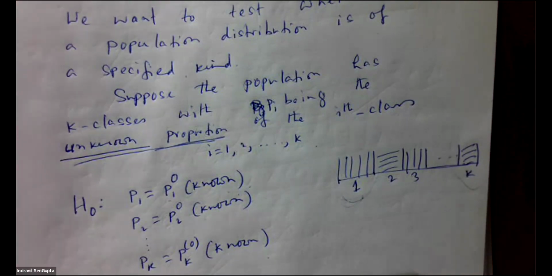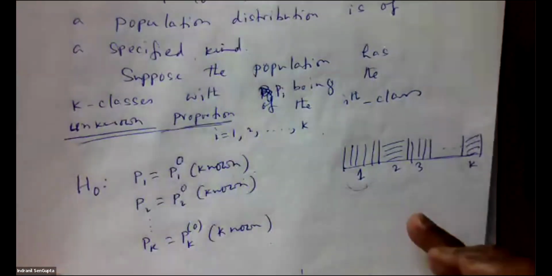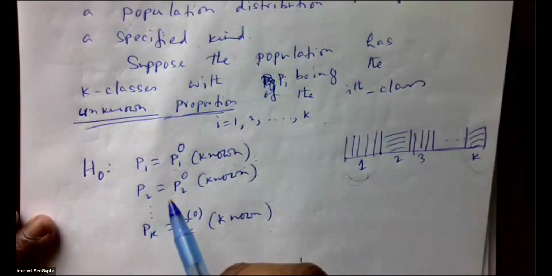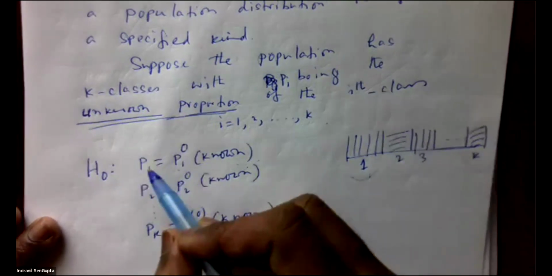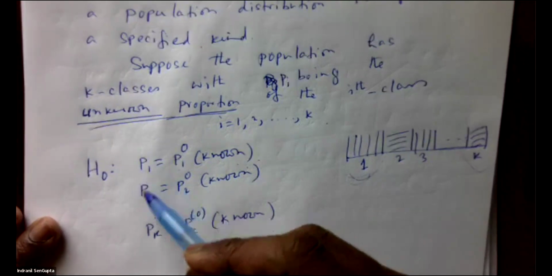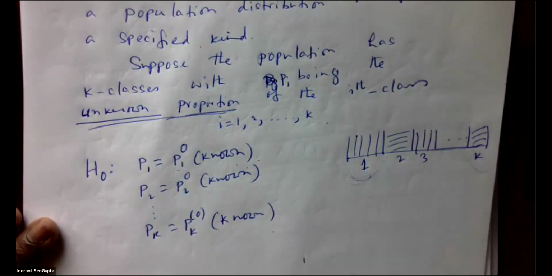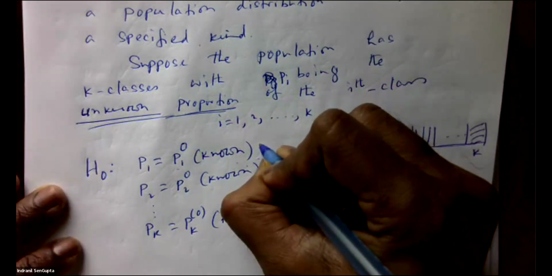And how do you know it? We'll see how it works. Basically, this can be computed from the sample, and then we can test the hypothesis. So it's considered known.